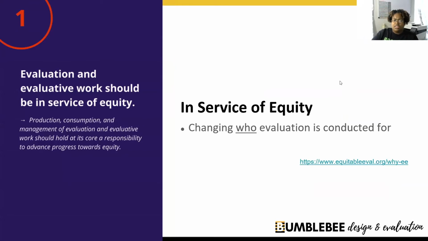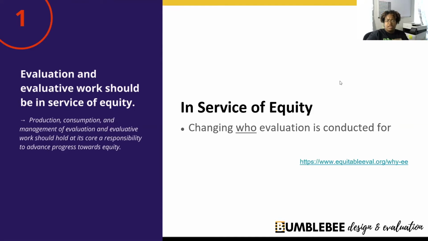The next three frames that I will share actually come from the Equitable Evaluation Initiative. Just know that in terms of readings and learnings, the Equitable Evaluation Initiative is a very valuable resource for you to learn more.